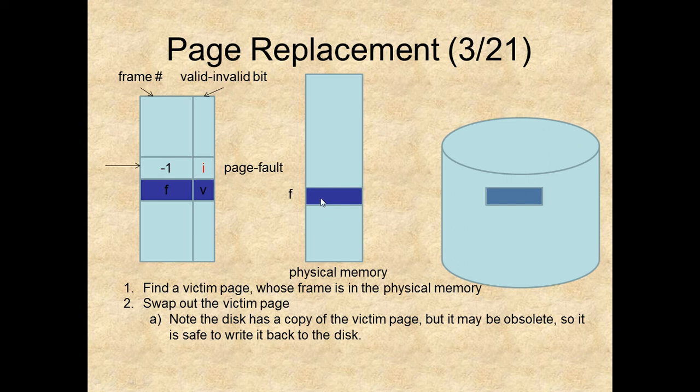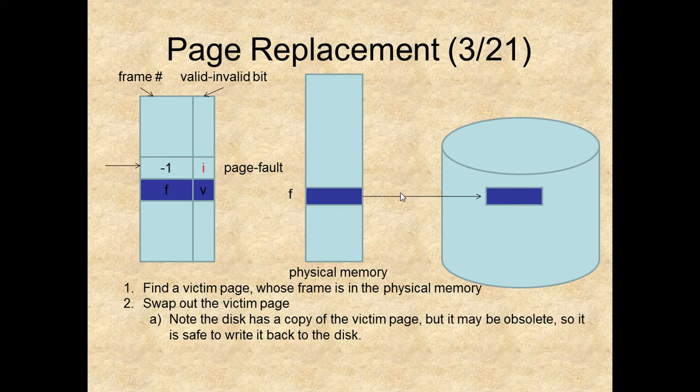After some time, some numbers and information in this frame have been changed, so the data on the disk for this page is obsolete. Then the operating system is going to flush the changes to the disk. That's the first thing we need to do.